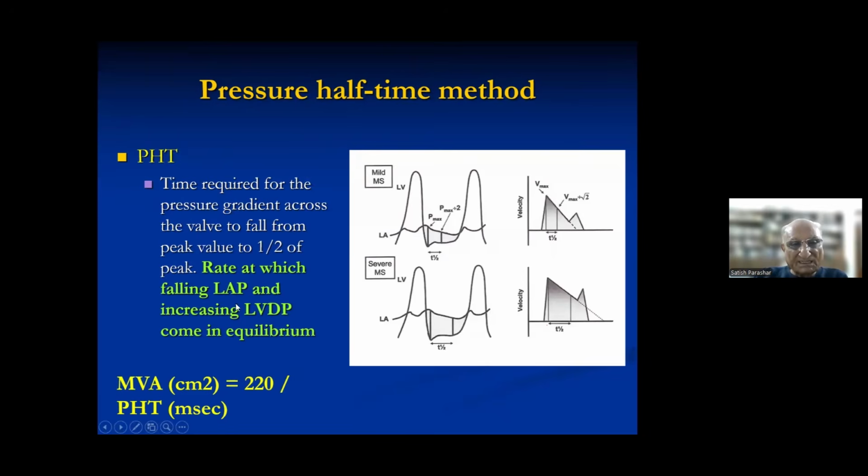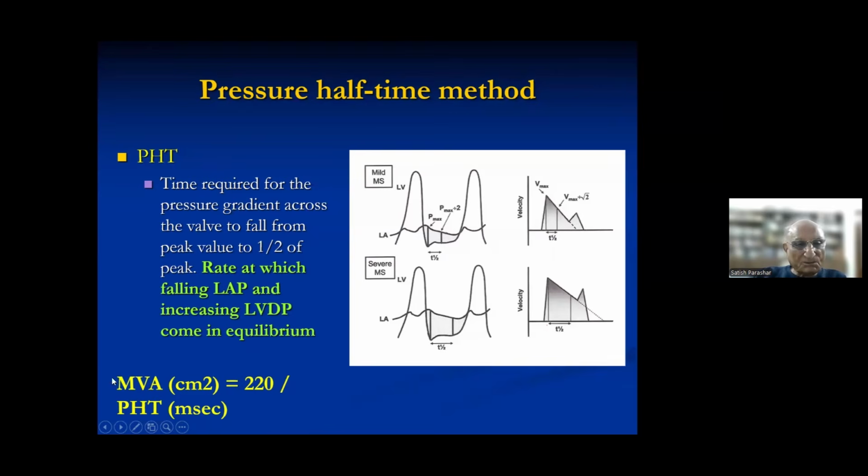When the LA sends blood flow into the LV, the LA pressure decreases and the LV pressure increases. A very natural thing; then they come into equilibrium. If you are asked the theory: the time required for the pressure gradient to fall to half of its peak value is the pressure half time.